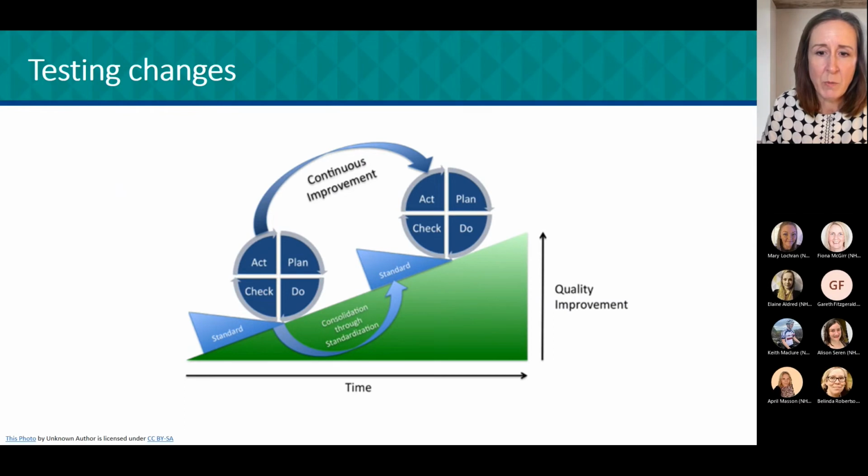And what we did was test and retest the permissible repeats policy using plan, do, study, act cycles. So we decided what we were going to do. We planned that out. We used small-scale tests of change.